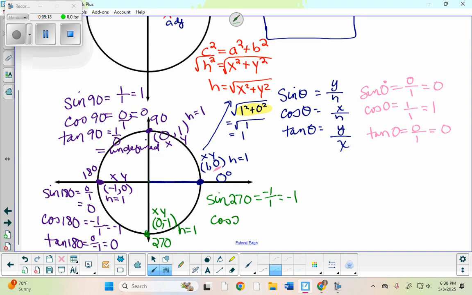Cosine of 270 is x over h, so 0 over 1, so it's 0. And tangent of 270 is y over x, so -1 over 0, which is undefined. And then you could also do 360, but it's at the same point as 0, so the answers will all be the same. When you take your test on this, you won't be able to use a calculator, so you have to be able to figure these out.